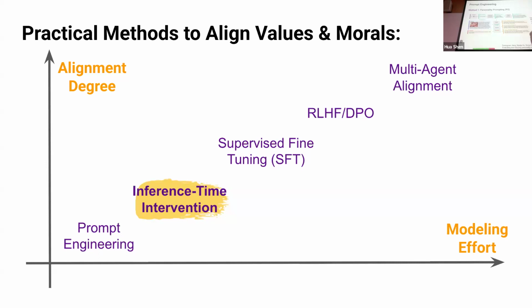Then we can go a little bit deeper into each of the stages. The first one is named the extraction phase. Basically, the goal here is to identify which vectors of the LLM are related to which values or which interpretable concepts.